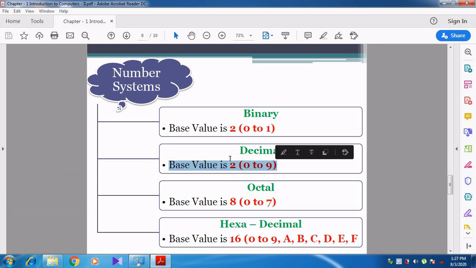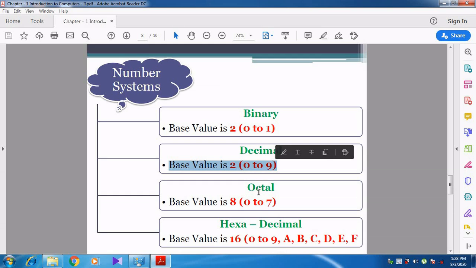You can see it in your book. So the base value is 10, which means 0 to 9. I made a mistake here, so try to change it in your notes.